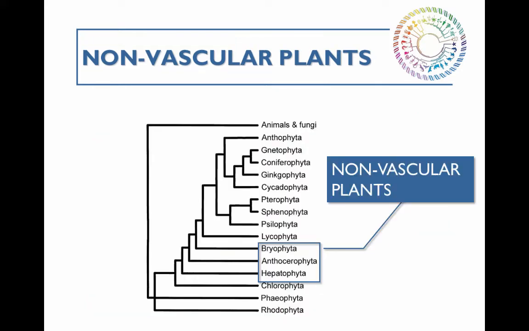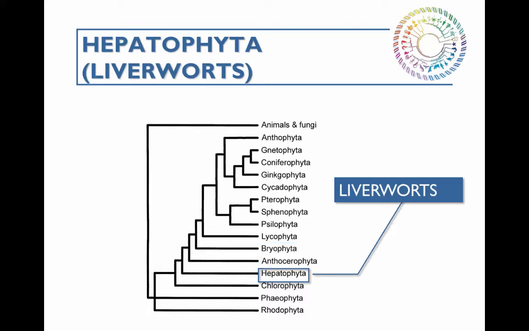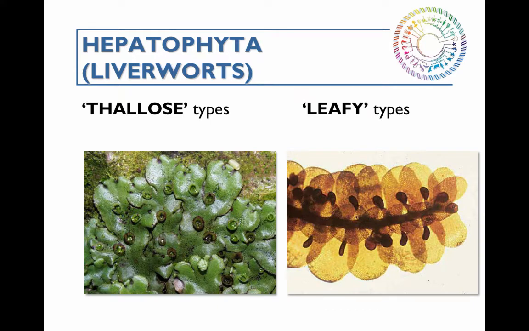Now if we go back to the evolutionary tree, or the phylogeny, we can see that the non-vascular plants represent three different evolutionary lines. In the last lecture I spoke about the hepatophyta, which in English are known as the liverworts. And you might remember that there were two different growth forms.